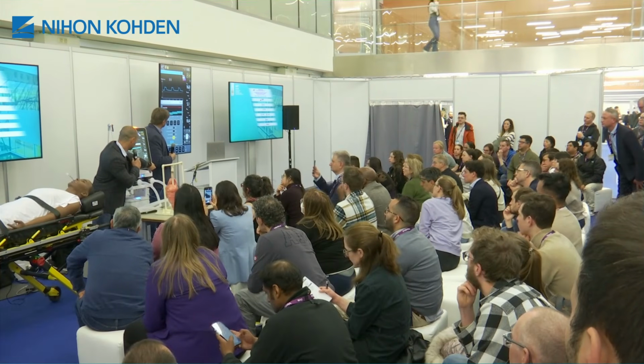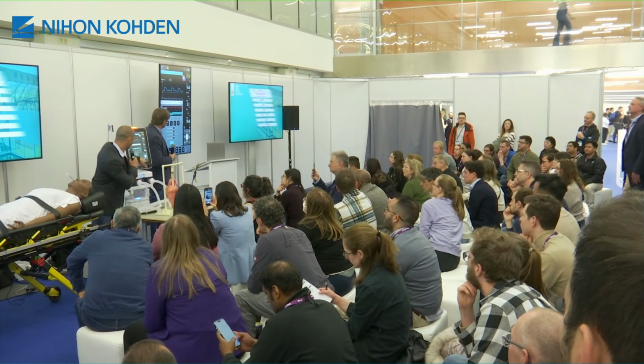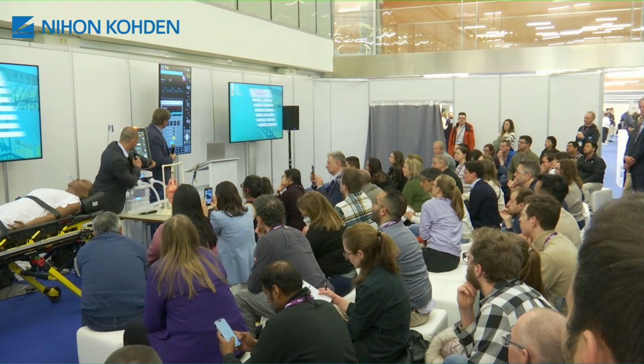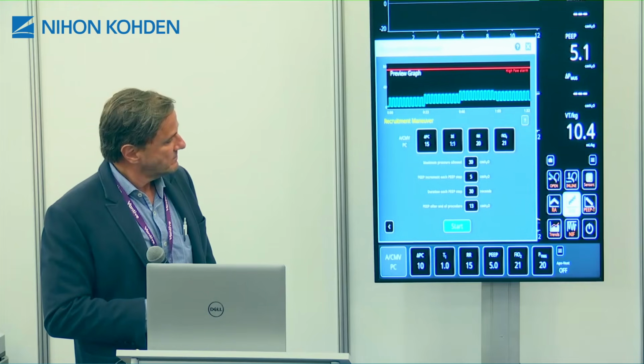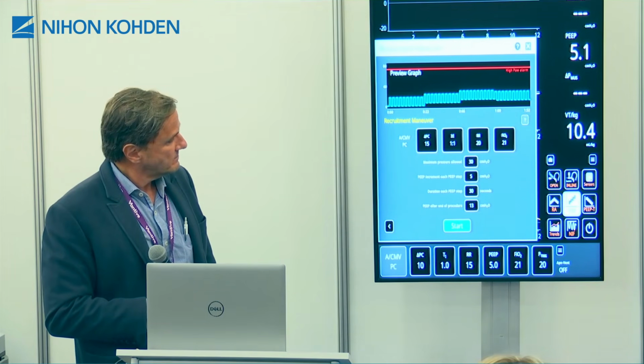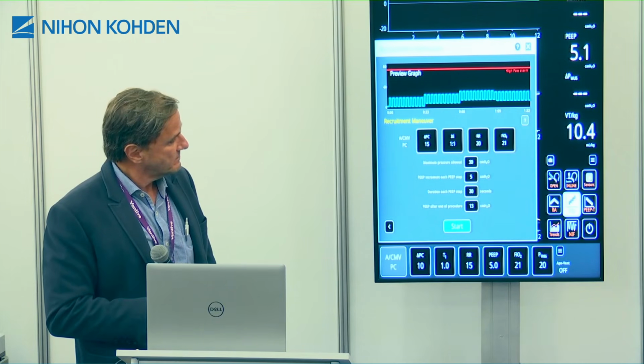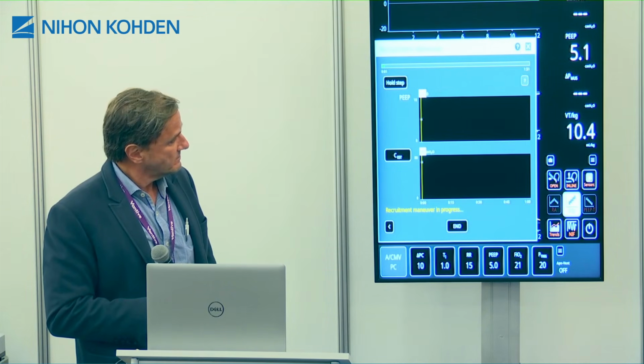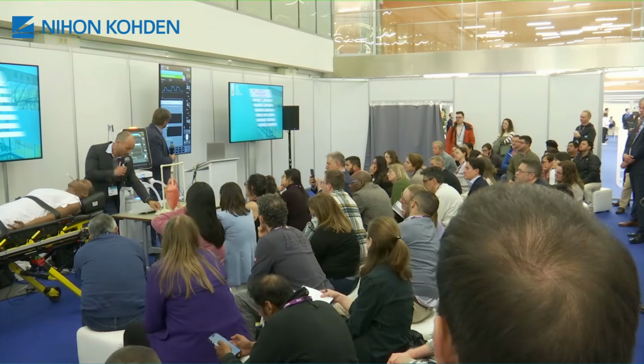You can set, for example, 15, or let me put less, 13, and then you switch from recruitment maneuver to PEEP titration at this level of PEEP. If you want to do a PEEP titration, let me do a very short recruitment maneuver here. The ventilator now is connected to this pig lung.